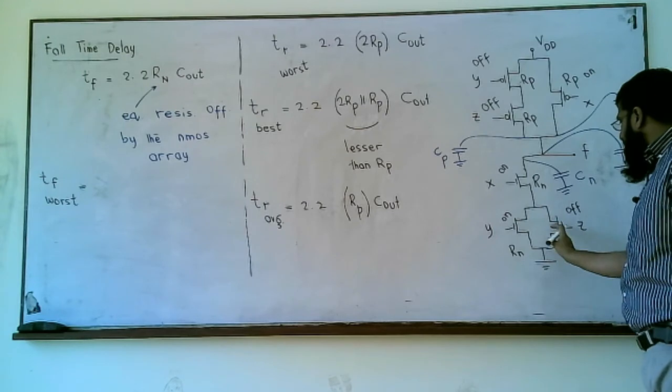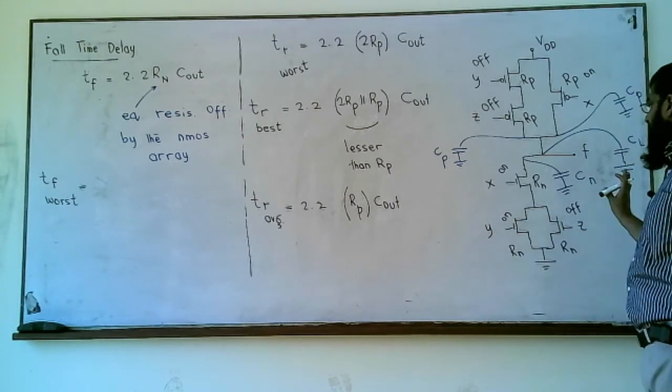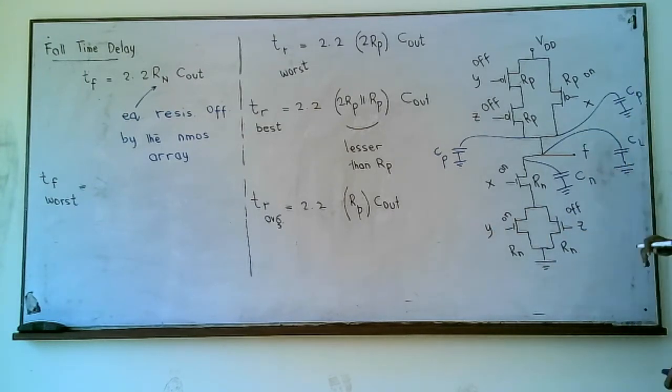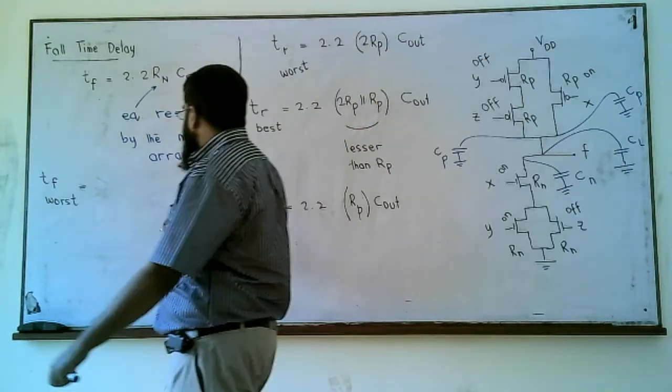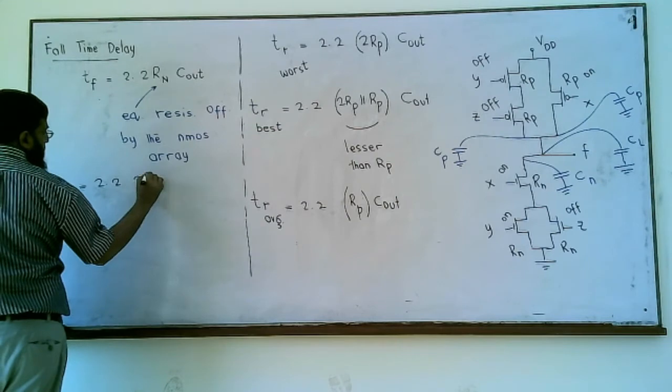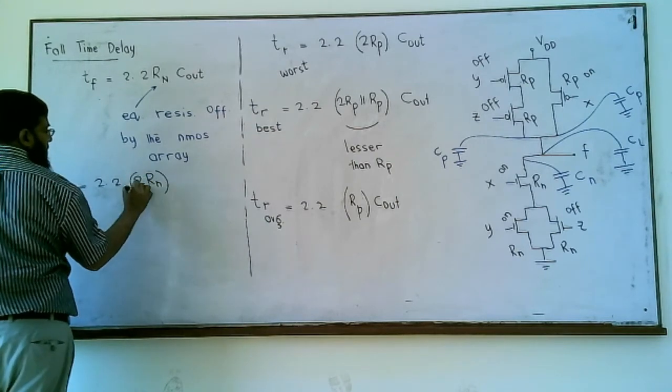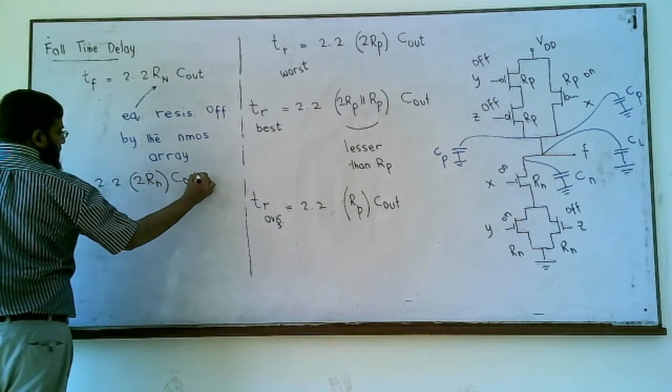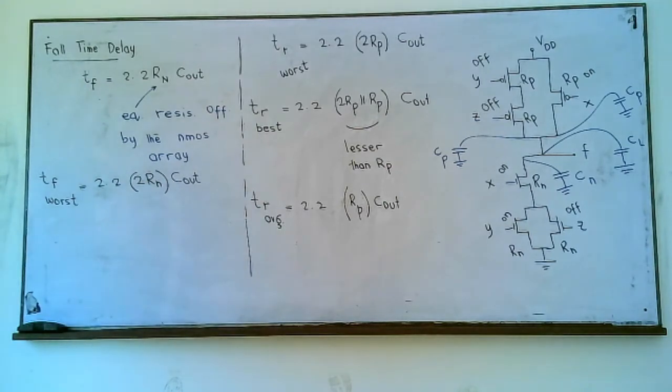Or it can be vice versa: this can be off, this can be on. The equivalent resistance of the path would be 2Rn in both cases. So that would be 2.2 times 2Rn Cout, the worst case delay.